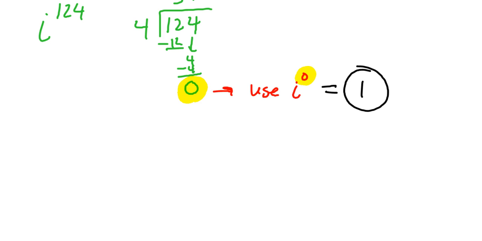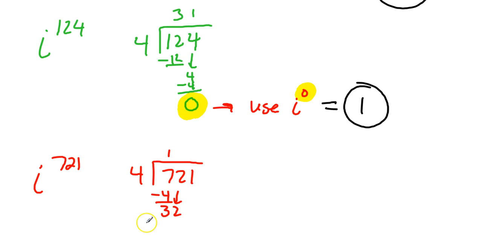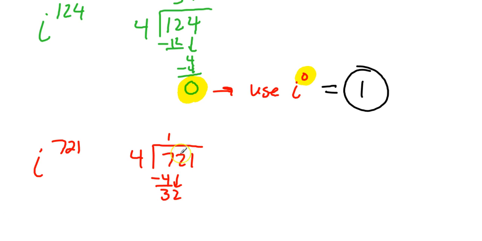So even if they give you some huge number, say i to the 721st power, you're still going to take 4 and divide it into 721. 4 goes into 32 8 times.